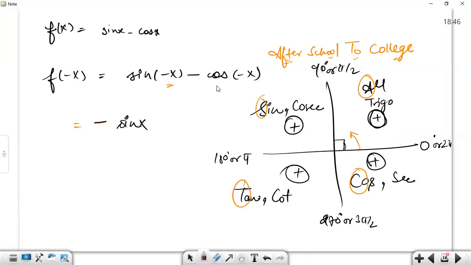And for cosine, it is positive in the fourth quadrant, so it will remain as it is. So for f of minus x, our function has become sine of x plus cos of x.